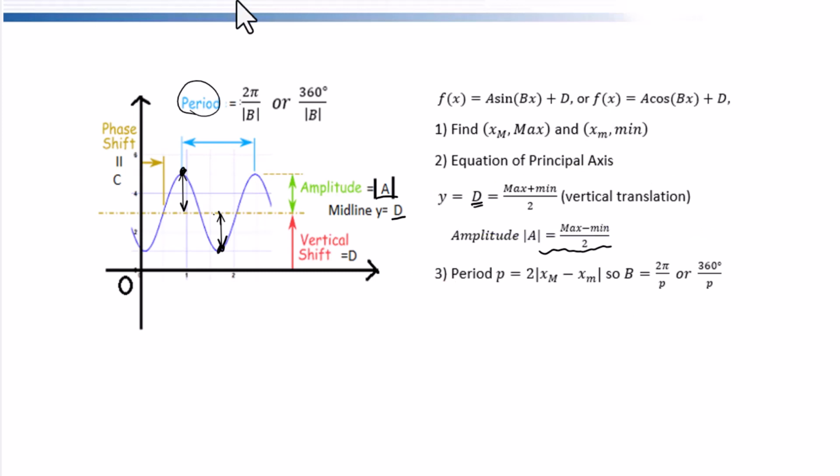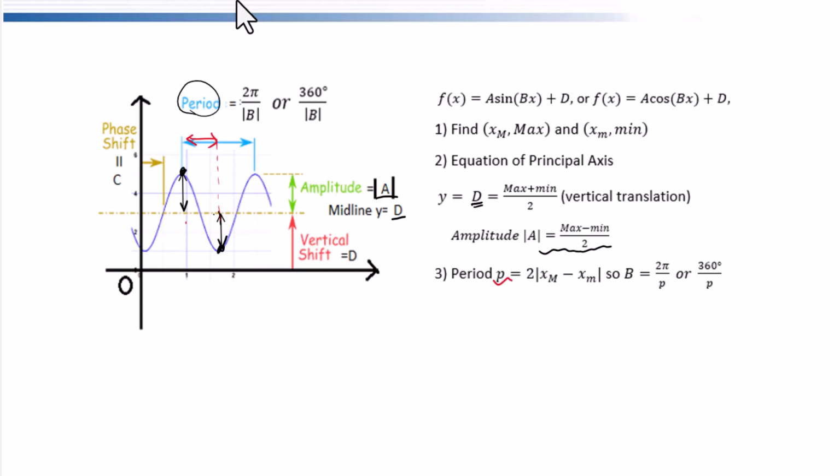We know the period equals the distance between two consecutive maximum points or two consecutive minimum points. Therefore, the horizontal distance between maximum and minimum points will be half the period.